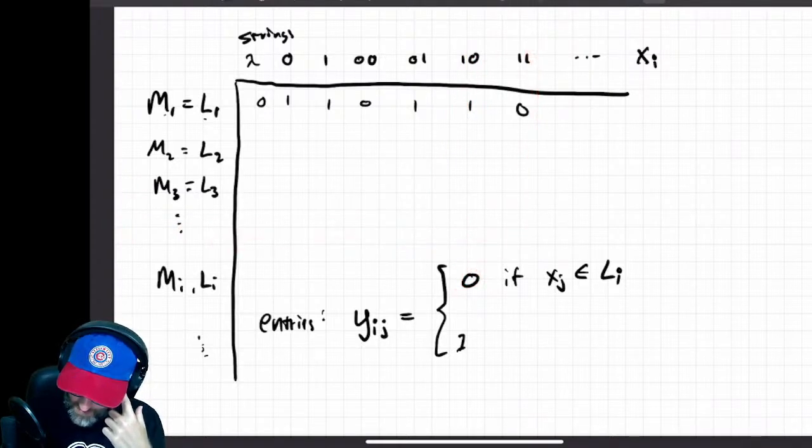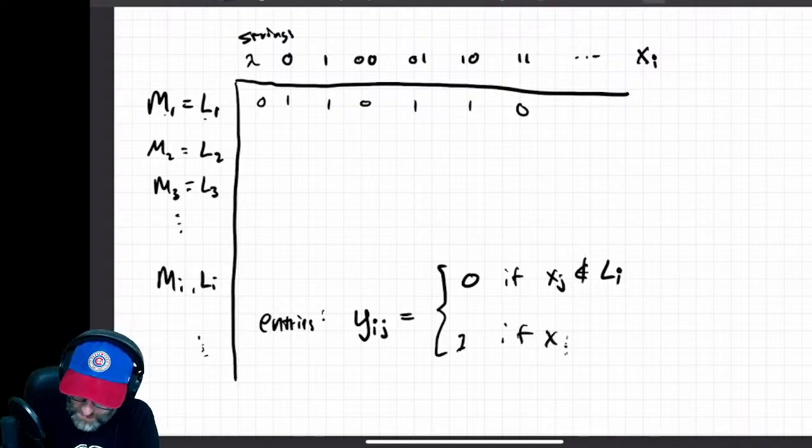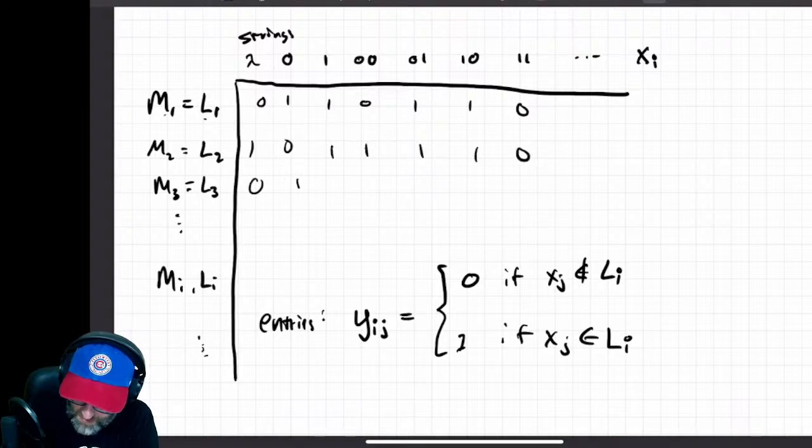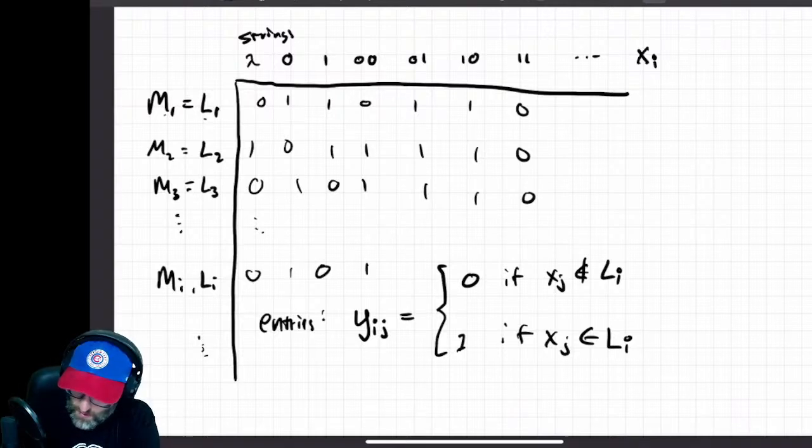Doesn't matter, go ahead and swap them if you want. So 1, 0, 1, 0, I'm just making this stuff up, right? Again, I'm not even able to do this in real life, because we're going to hit a proof by contradiction eventually.